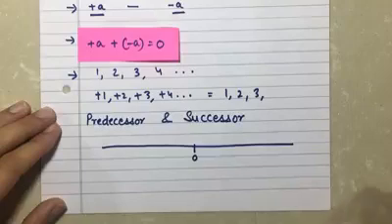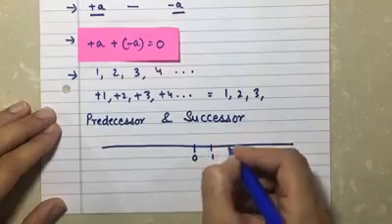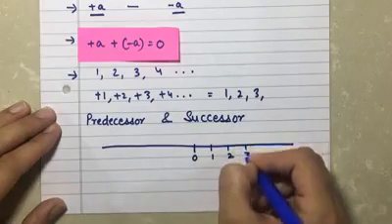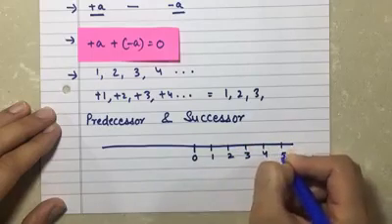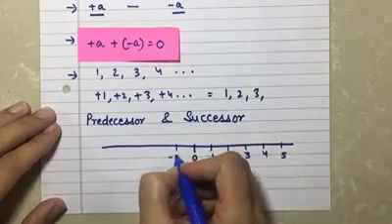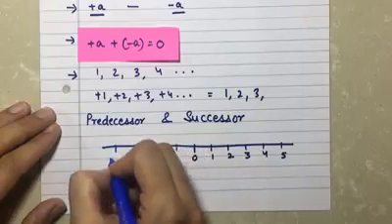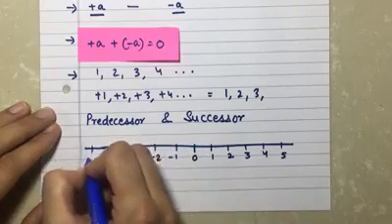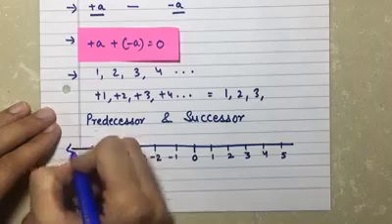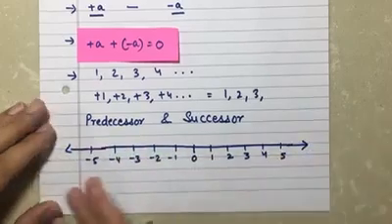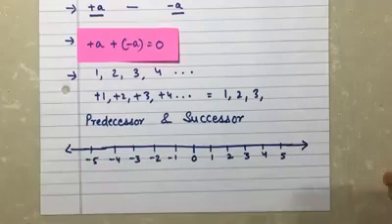On the right side of the 0 are my positive numbers. And on the left side of my 0, I have negative numbers. I put an arrow, which means that these number lines are extendable.